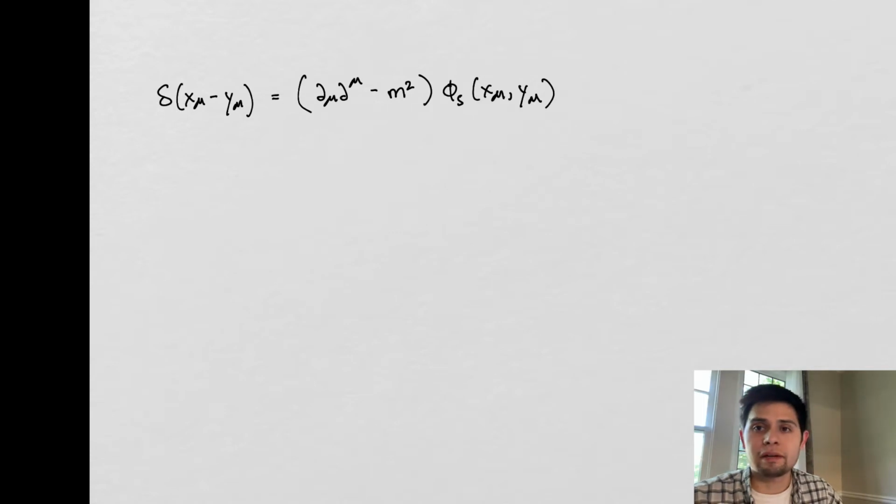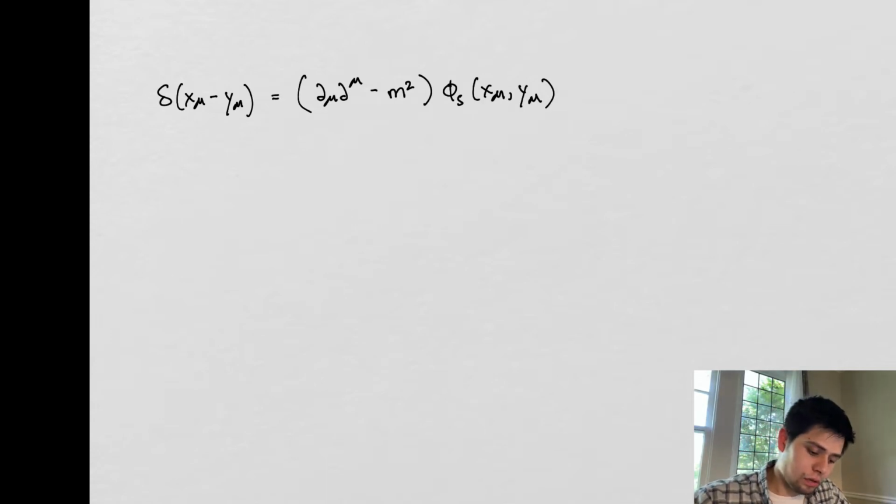And again, as I've said before, this special function is going to help us understand what the interaction is between two points or two electrons. Okay.